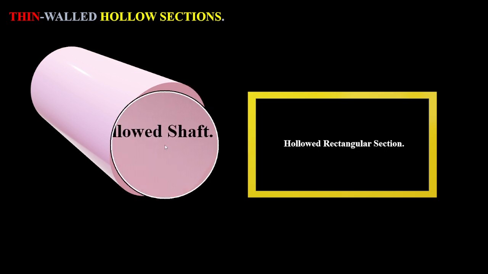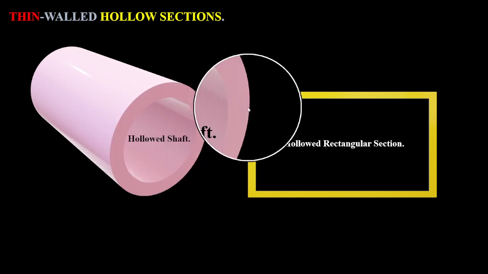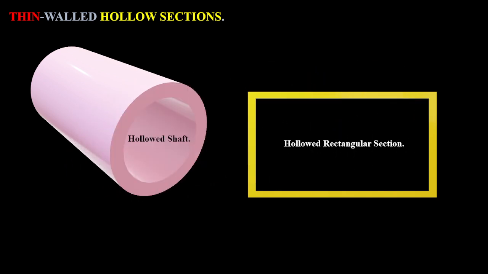The other category is the thin-walled hollow section, either in circular shape or rectangular shape. By thin-walled, we mean that any of these sections can be hollow because there is nothing inside. There is R1 and R2 and also the dimensions. The reason we call them thin-walled is when your radius or dimension is at least 10 times the thickness of your plate.